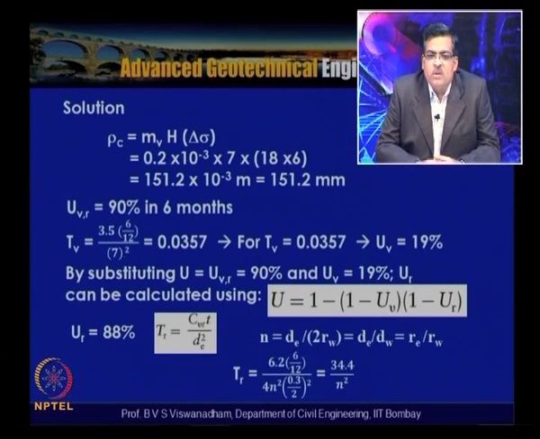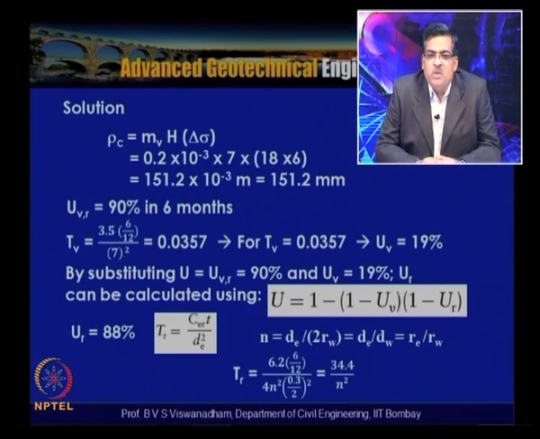If this has to happen in 6 months, and the thickness of the clay is 7 meters in single drainage, because the bottom has stiff clay, TV is equal to 3.5 into 6 by 12, because 6 months divided by 12 is converted into years, where 3.5 is the coefficient of consolidation in the vertical direction, divided by 7 square, which is nothing but 0.0357.